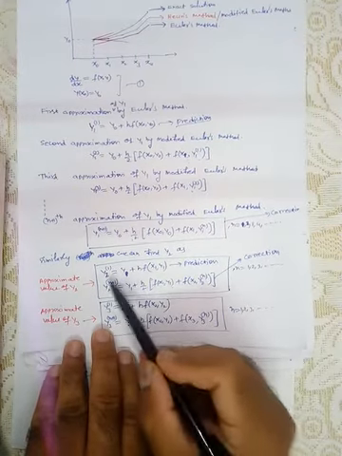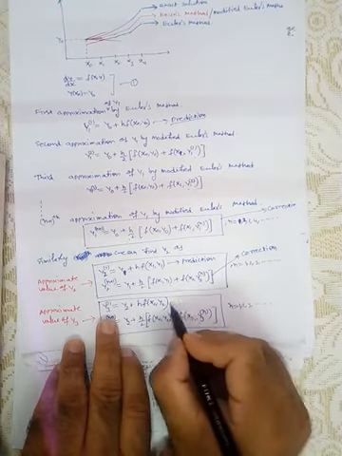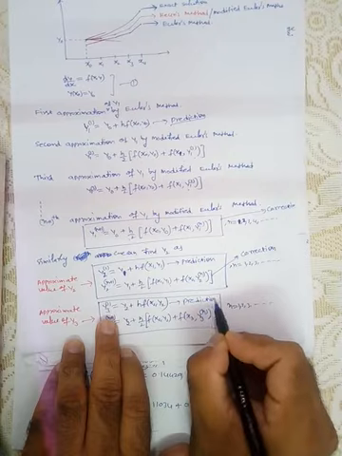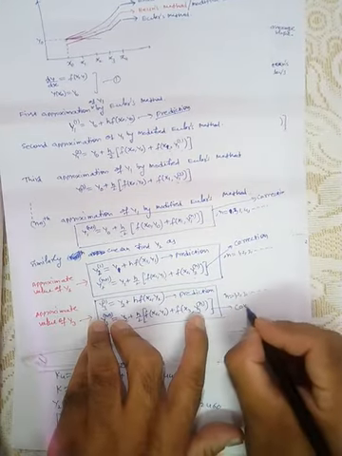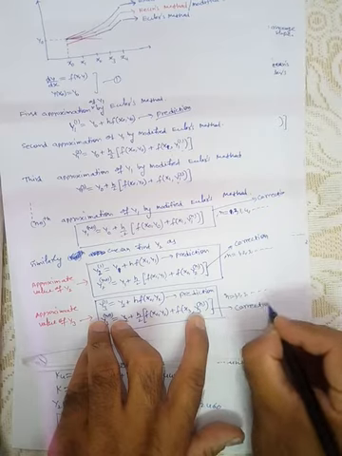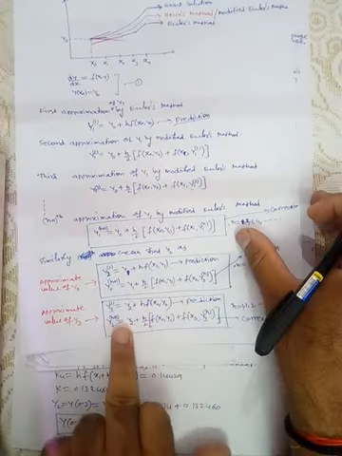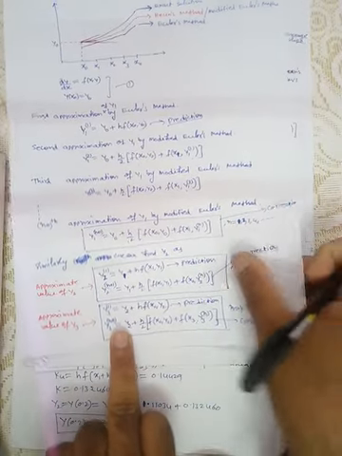Similarly, once you have evaluated y2, use this to predict the value. This is the prediction, and then correct the value. So this is the correction. So this is the modified Euler's method. I think you understand the method now. Now we will have an example.